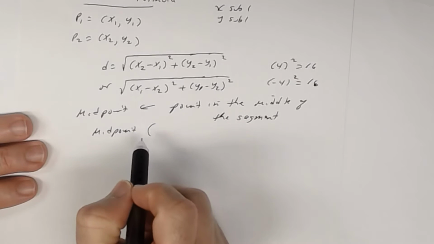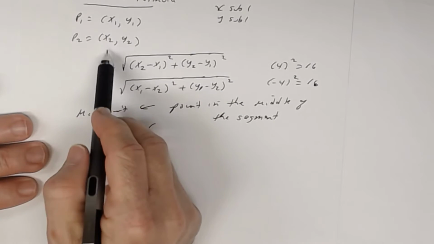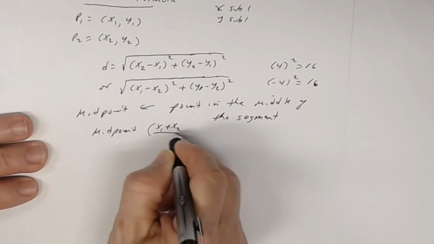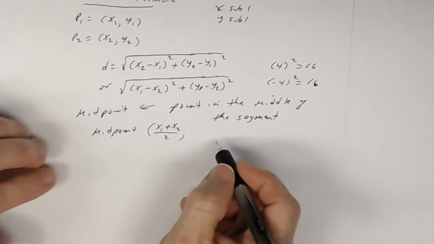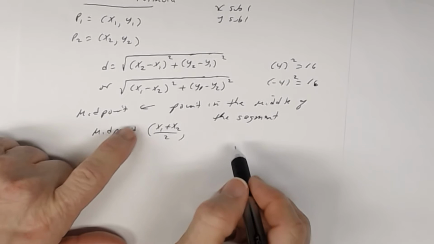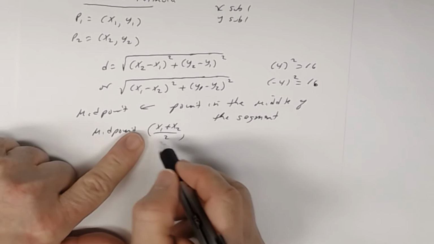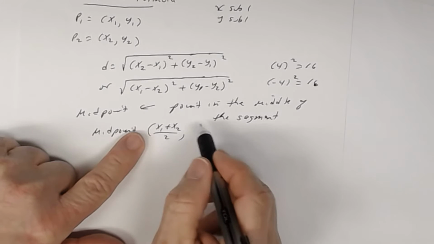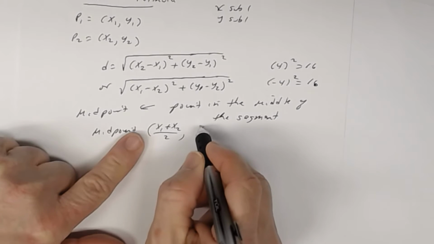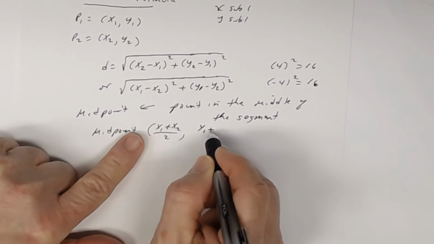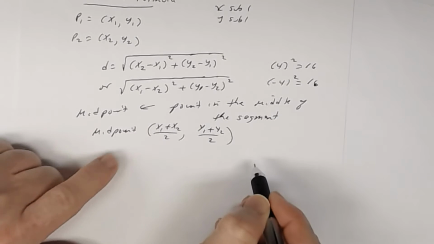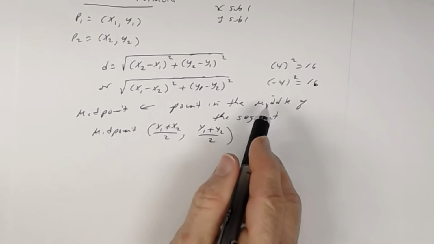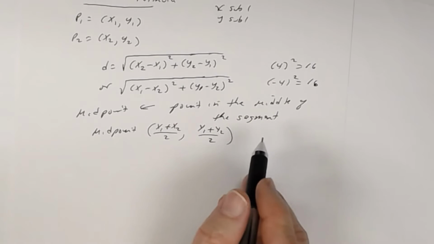When finding the midpoint, you add the x coordinates together, so x1 plus x2 divided by 2. The midpoint's a point, so notice the parentheses here. That's your x coordinate. Then this is your y coordinate, where you add your y's together, y1 plus y2 divided by 2. Okay, so that's the midpoint formula. To divide by 2, because that's the middle, you think of taking half.